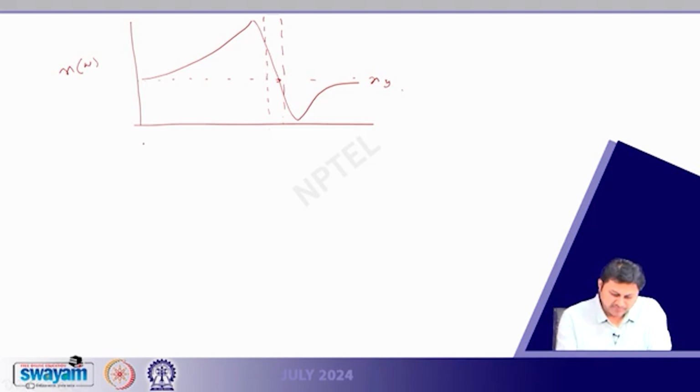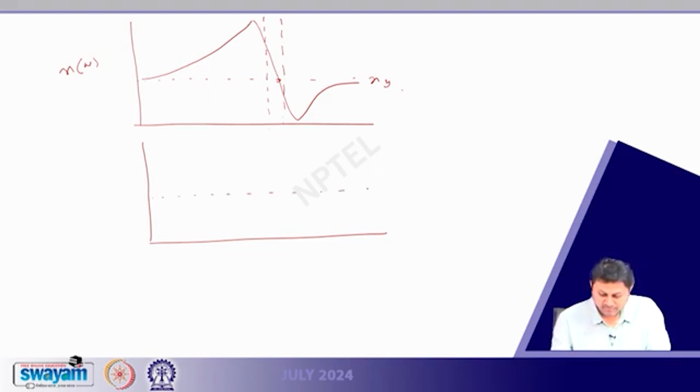If I plot the same thing for a birefringent crystal, one can see that maybe this value is different, and one can get a refractive index profile where the absorption is shifted to some place in x.